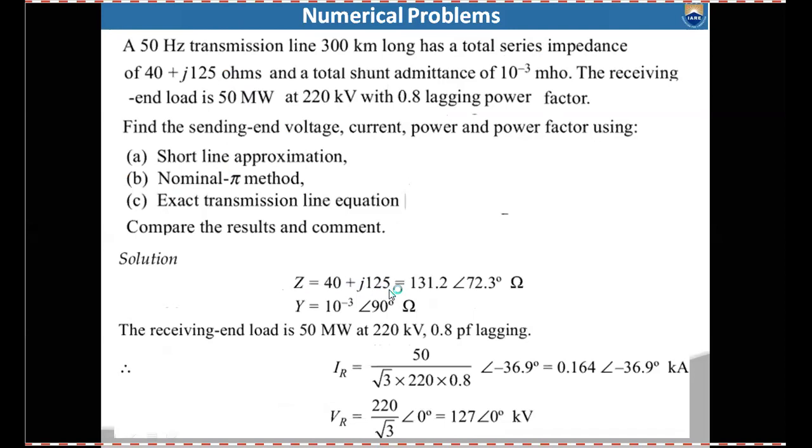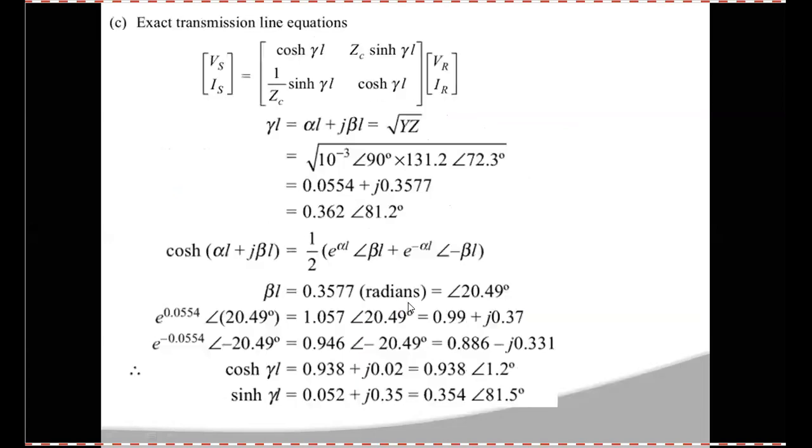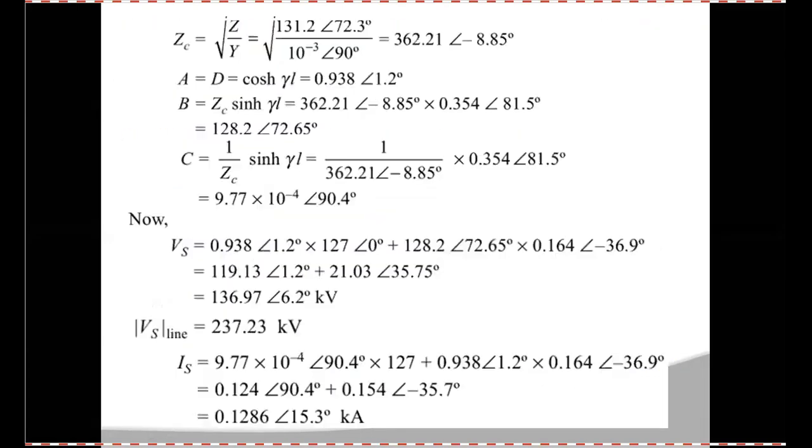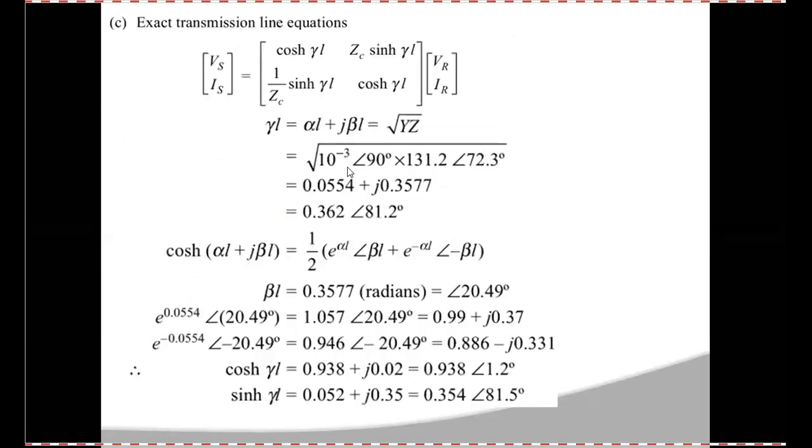So Z can be written as 131.2 at an angle of 72.3 degrees, and Y as 10 power minus 3 at an angle of 90 degrees. These two values are given in the problem, so you substitute them here.